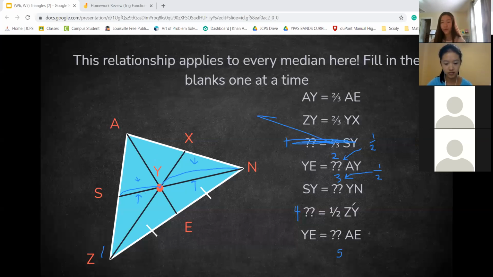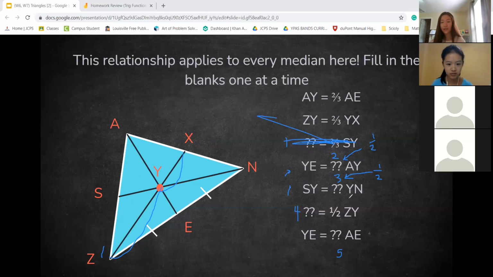And number 4, so ZY is this one. So half of ZY is something. Well, we know that YX is half the length of ZY. That's similar to these two.